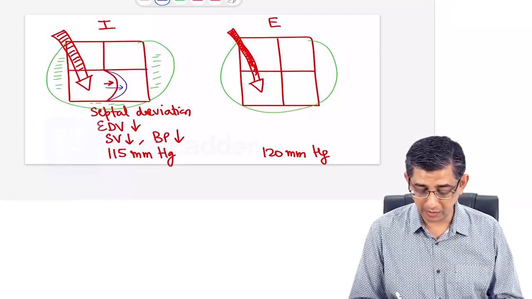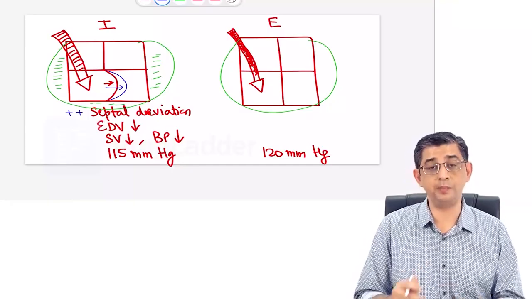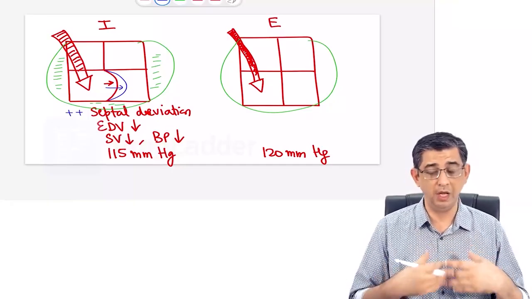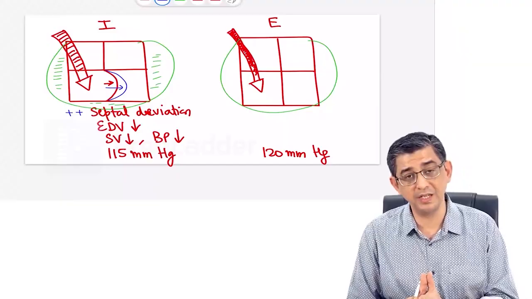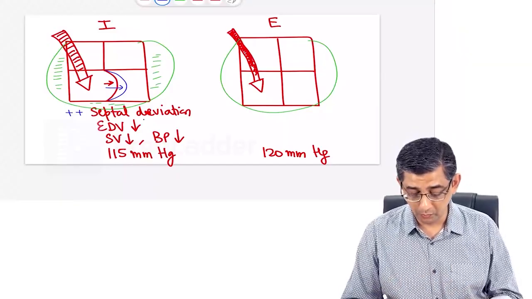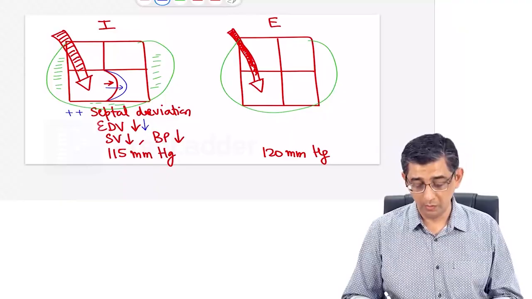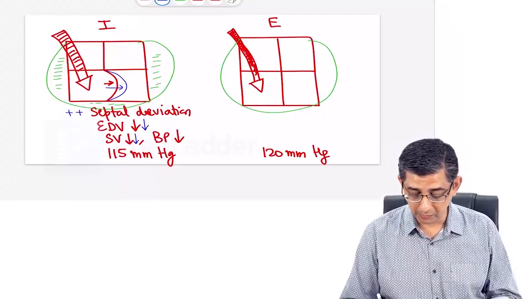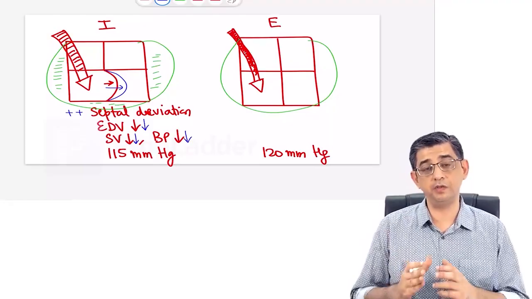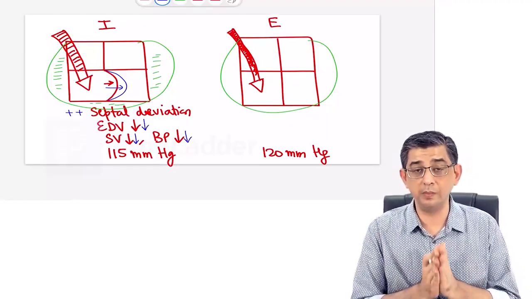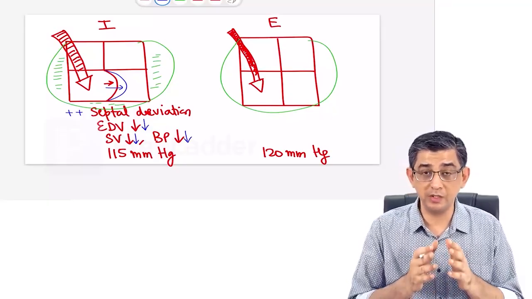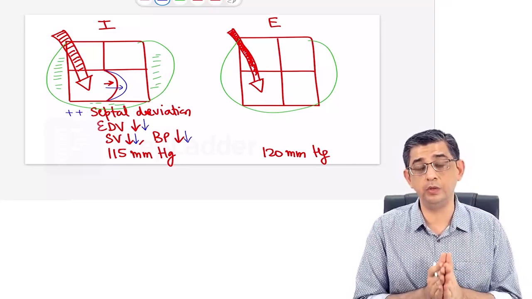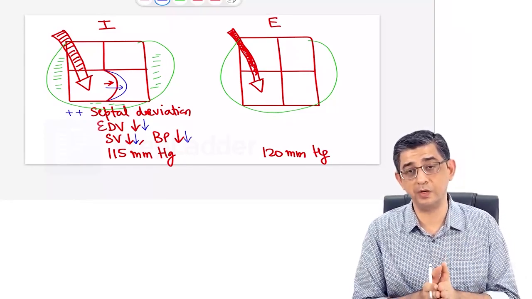I've just put another arrow or plus sign to say that the septal deviation in a patient of cardiac tamponade is going to be exaggerated compared to you and me. This will contribute to more fall of end diastolic volume, more decrease of stroke volume, more decrease of blood pressure, and as the blood pressure becomes relatively lesser, the pulse might become so weak that you may not be able to appreciate it, and this pulse that is so weak is what is called pulsus paradoxus.